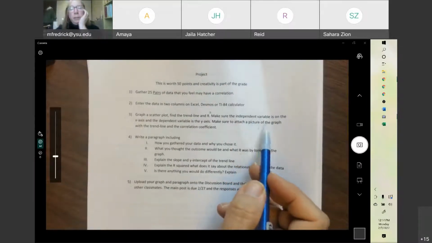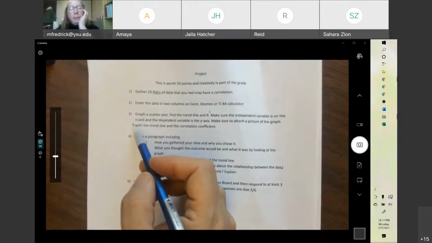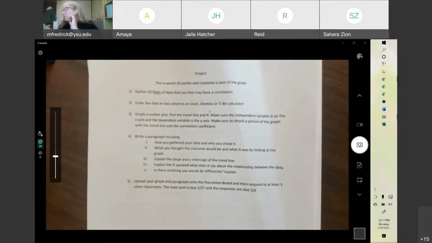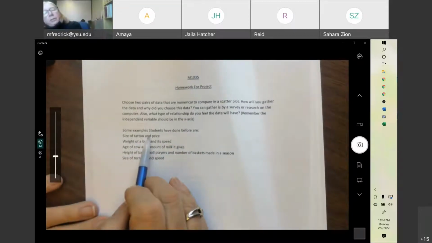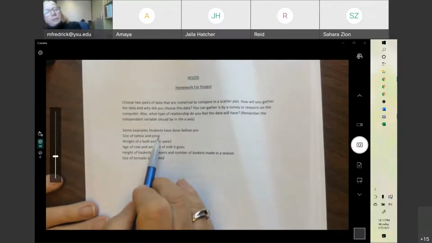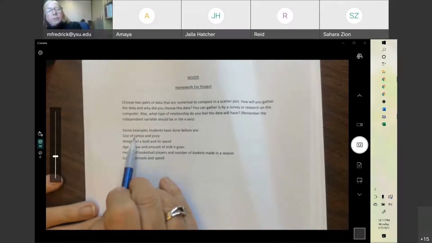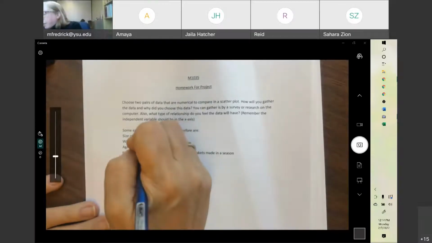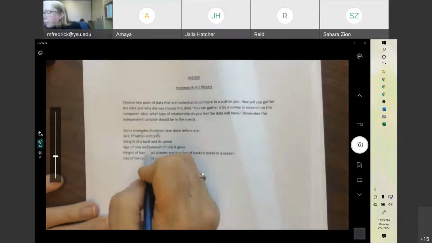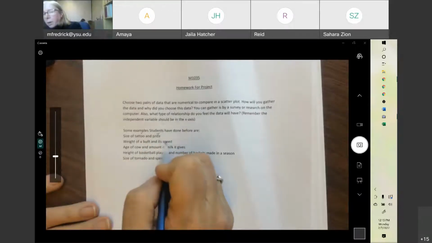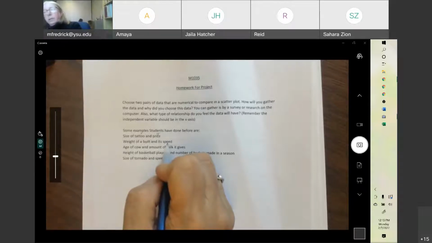You want to make sure the independent variable is on the x-axis. By independent, the size of the tattoo is causing the price to go up. The price isn't causing the size of the tattoo to go up. So this would have to go on the X, and this would go on the Y. The weight of the bullet and its speed, the bullet is causing the speed to increase or decrease.